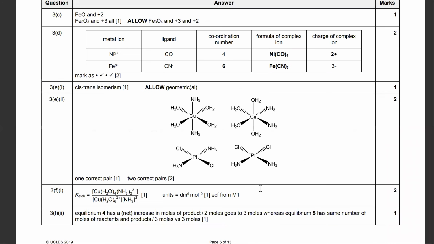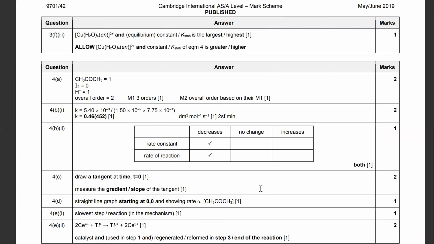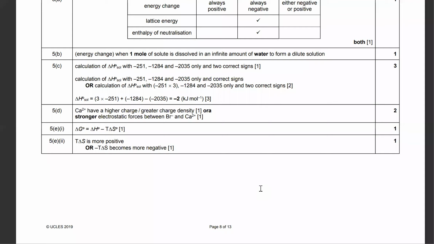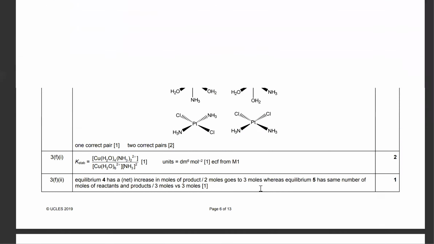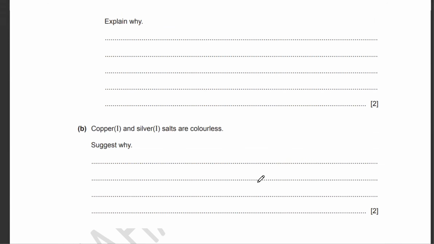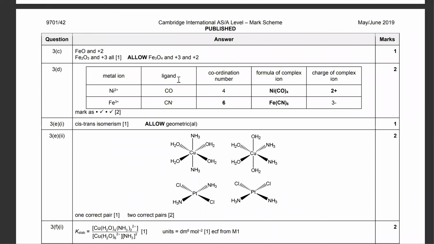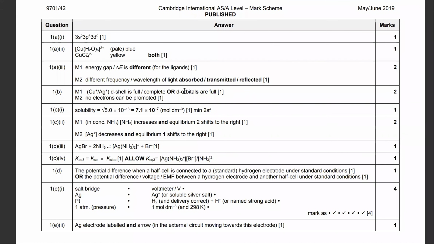I think this is the question with the d subshell. Yeah, this is question number 1.